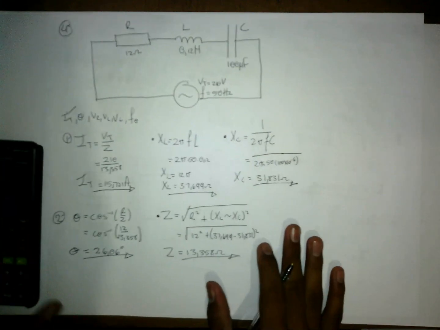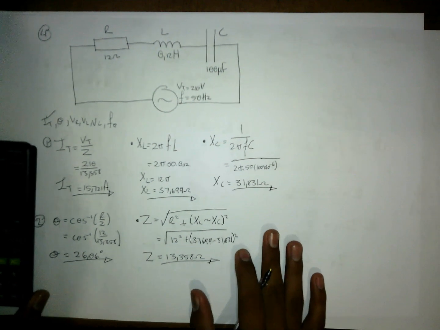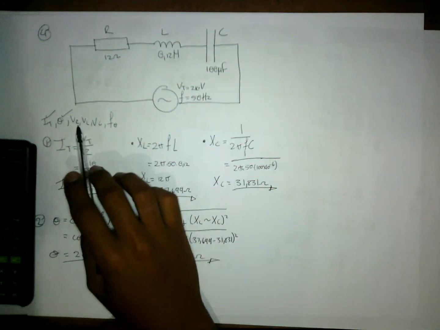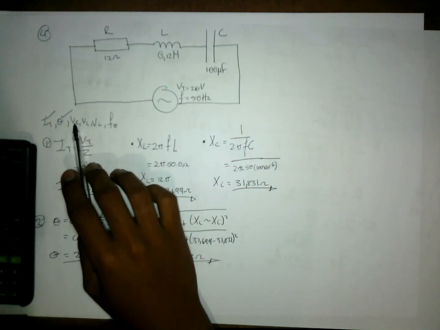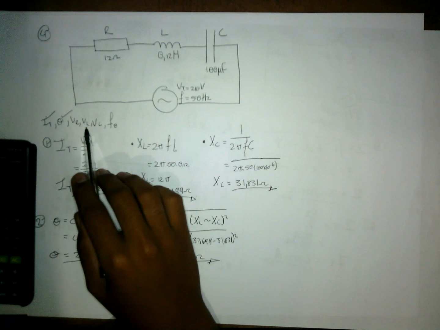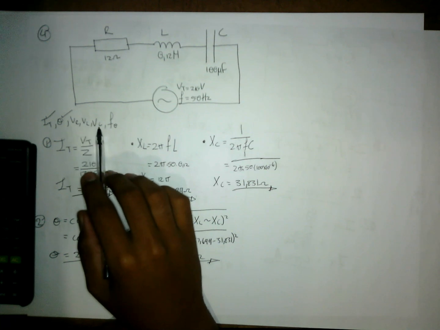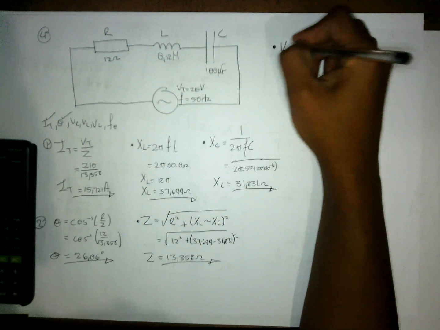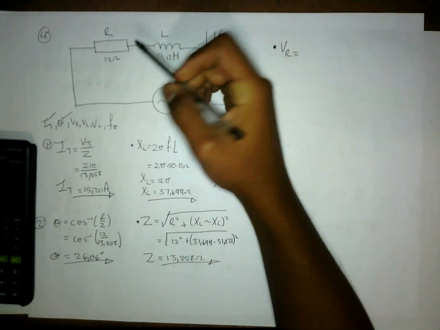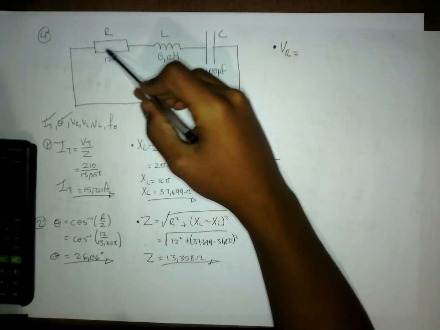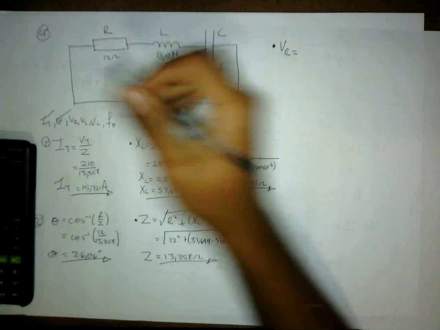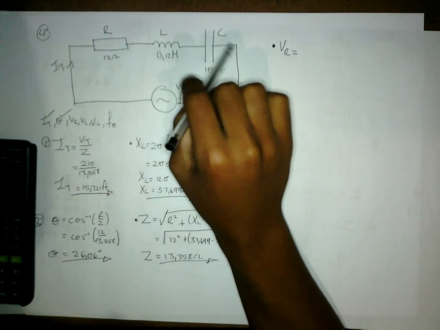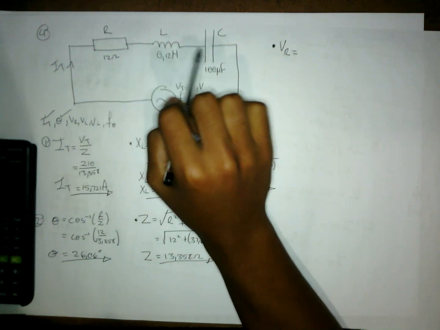Lovely stuff. Okay, so now they're asking for the voltage drop across the resistor, the voltage drop across the inductor, the voltage drop across the capacitor. So for the voltage drop across the resistor, we need the current going through this resistor. So we need the I total, because in a series circuit, the current is constant throughout the whole circuit, right?